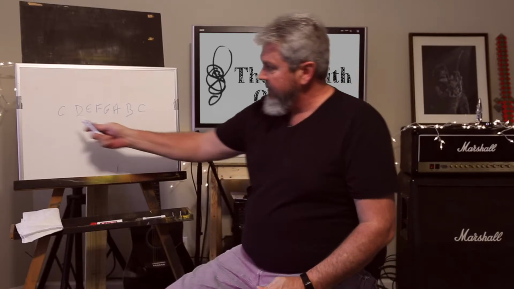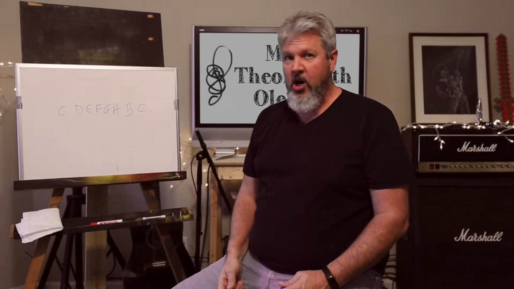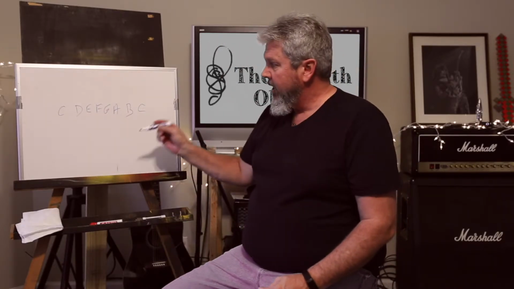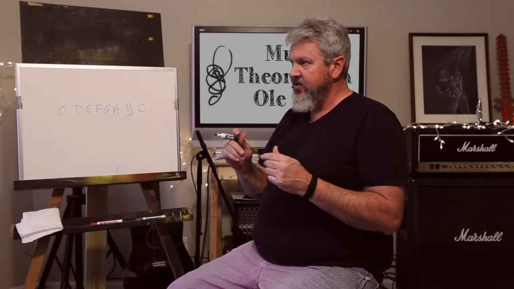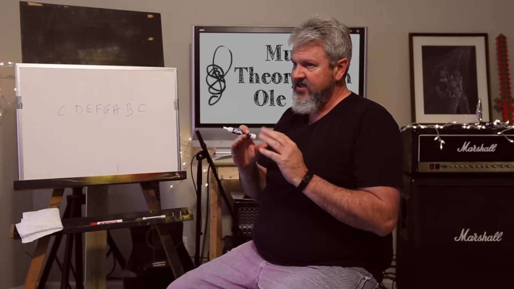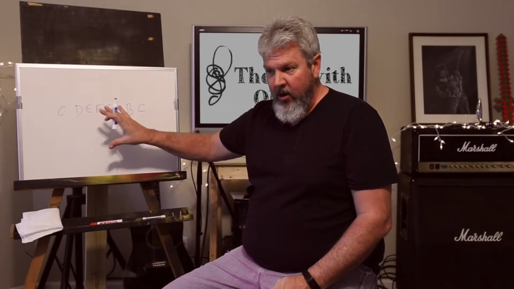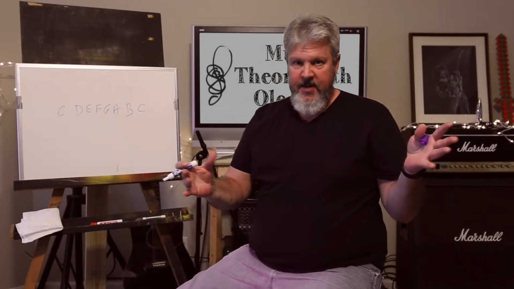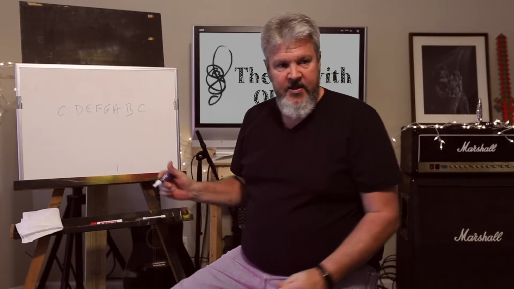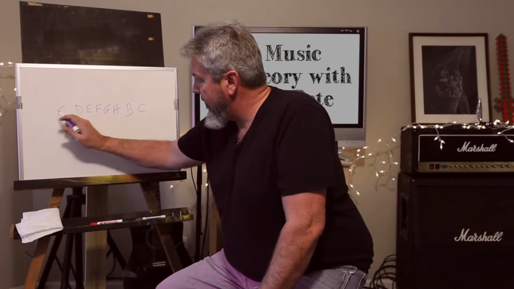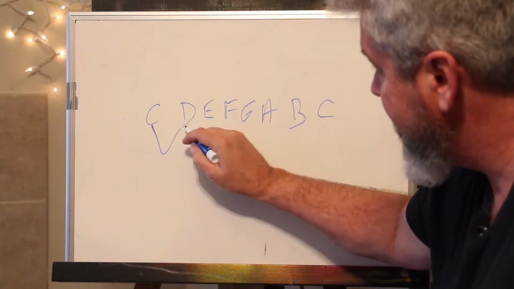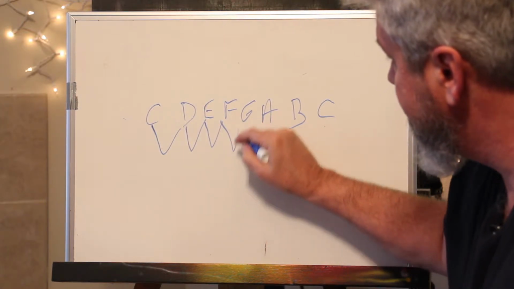So the first thing I'm going to show you is how to construct a major scale. And again, this is getting into some stuff that you're not necessarily going to use on a daily basis, but understanding this is important as we get into other concepts like the circle of fifths. So if you look at a major scale, there are intervals between each one of these notes.